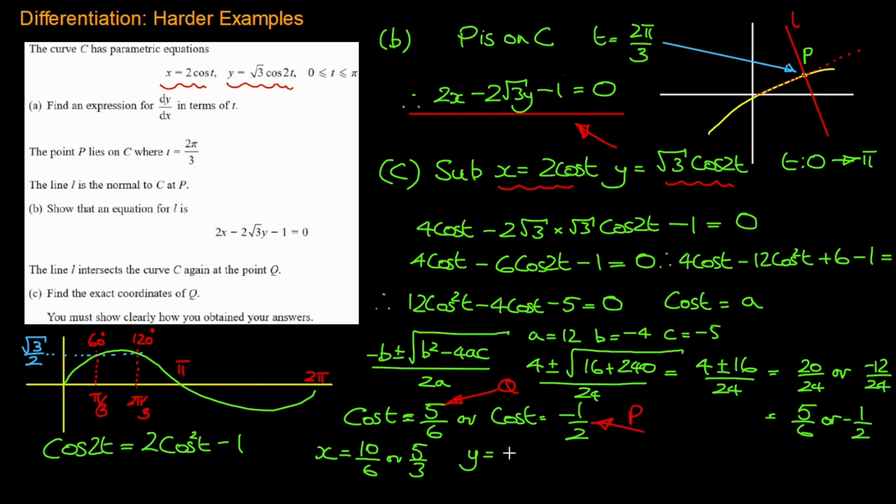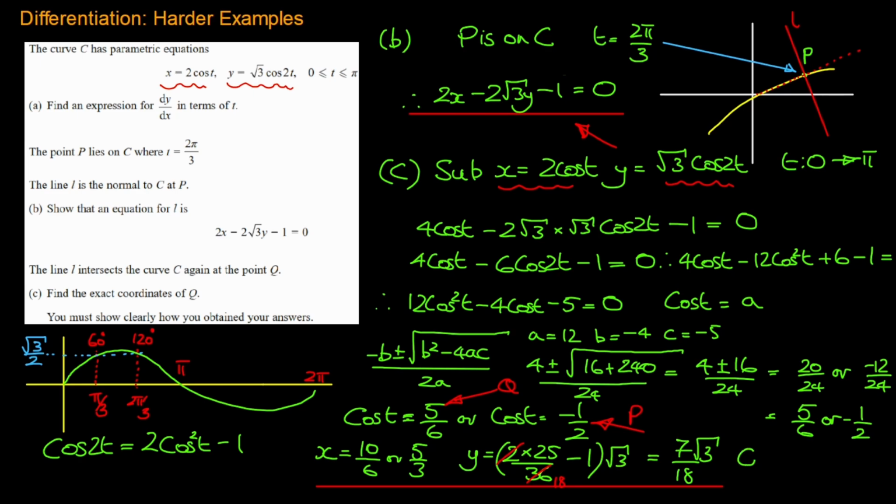So y is equal to 2 cos squared t, which is 25 over 36 minus 1, all multiplied by the root of 3. And if you work that out, the 2 will go into the 36 18 times, and we get 7 over 18 multiplied by the root of 3. And those are the two coordinates of the point Q. And that's your answer.